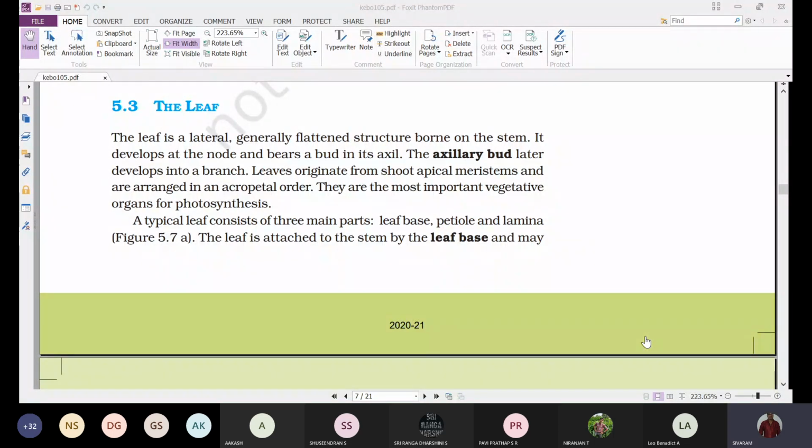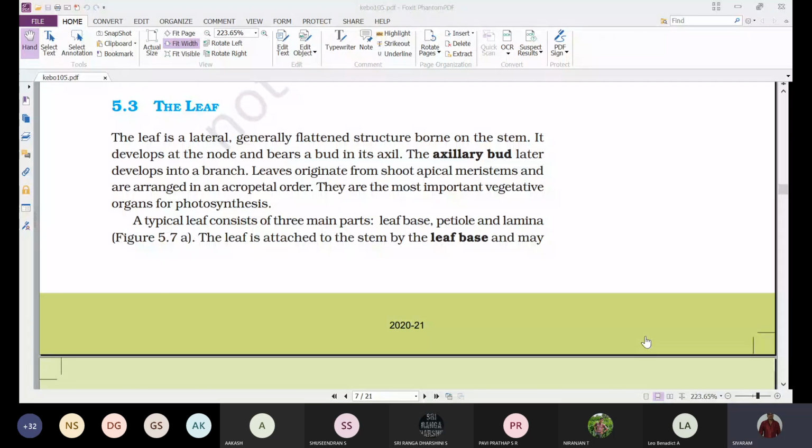In some it may develop into a thorn, or a tendril, or a flower, or an inflorescence. Depending upon the requirement of the plant body, it may be modified into different structures, but in most cases the axillary bud develops into a branch.